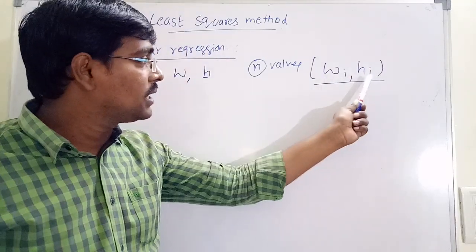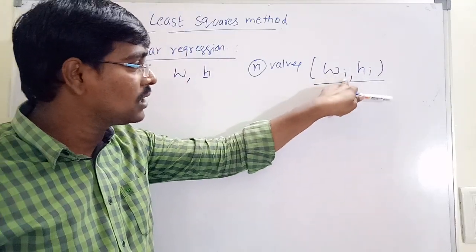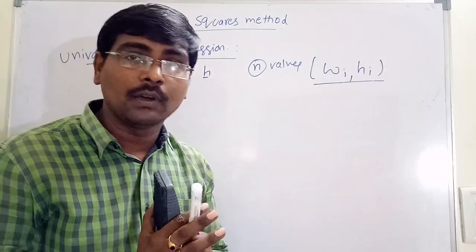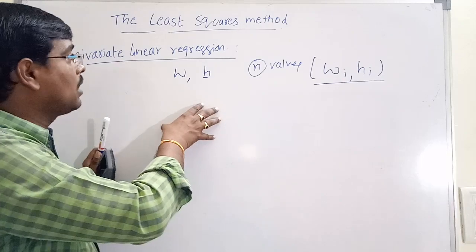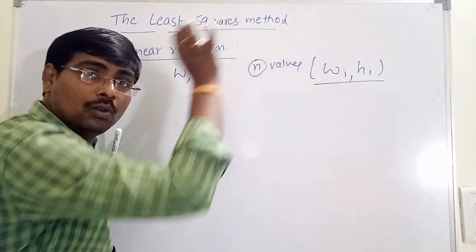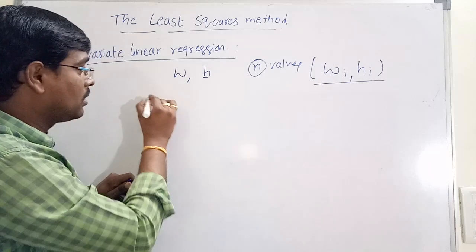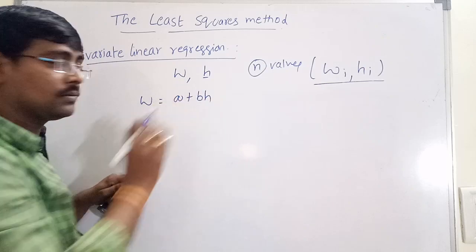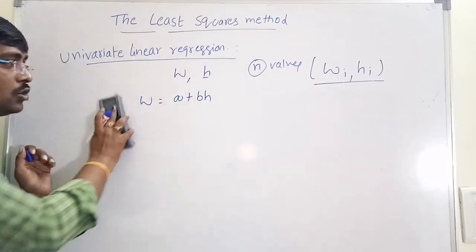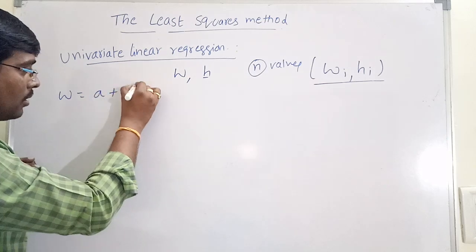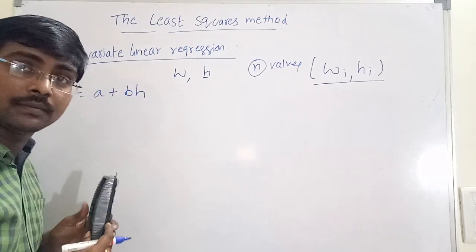First I am assuming a univariate linear equation similar to the slope intercept equation, that is W is equal to A plus BH.